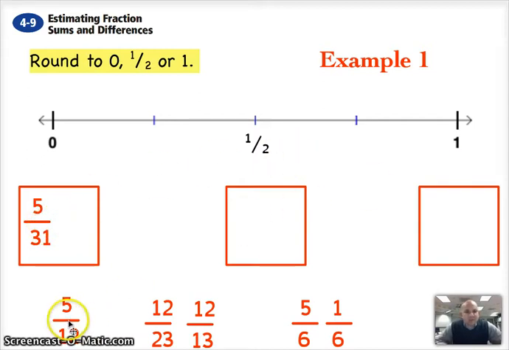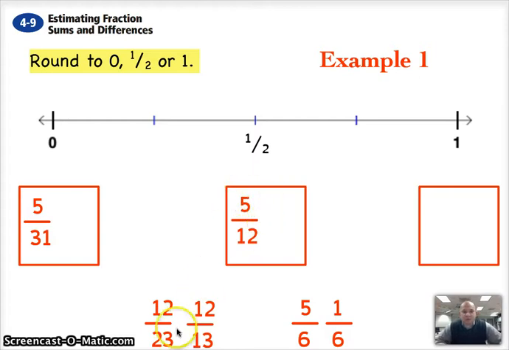Next, we're going to take 5/12. 5/12 I'm going to place in the near 1/2 category. Why? Because 6/12 I know is exactly 1/2, so 5/12 is just shy of that 1/2 mark. So I'm going to put it in this box.